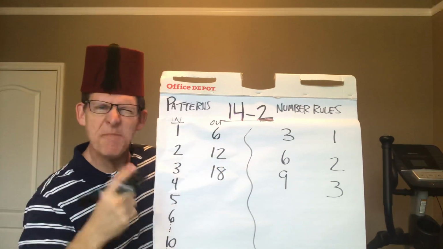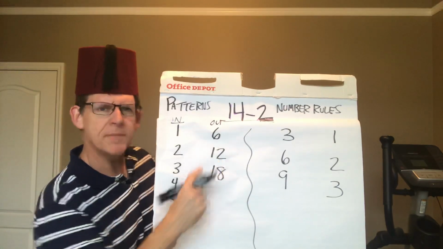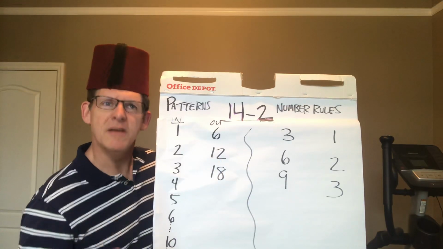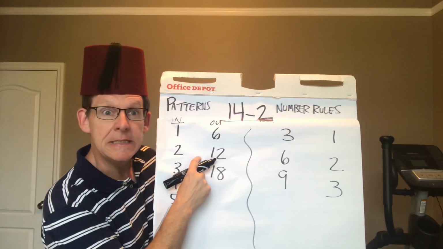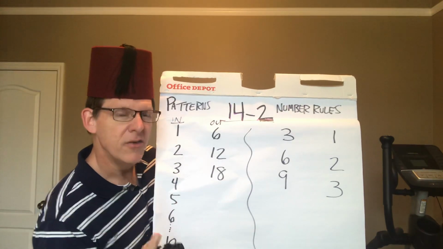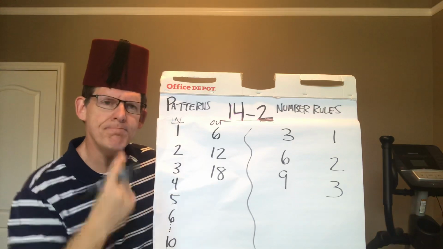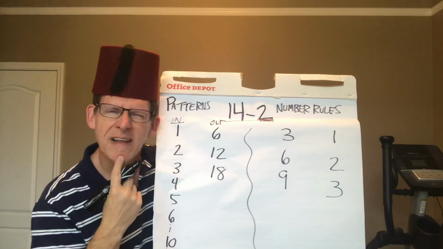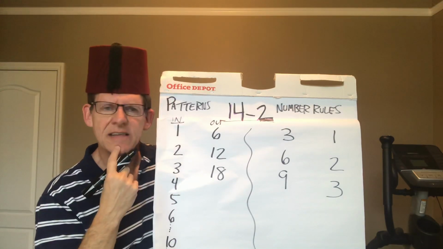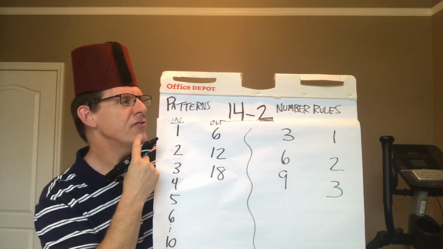But see, if I say plus 5 for the first one, I have to do plus 5 for the second one. So 2 plus 5 does not equal 12. So it can't be addition. Can anybody out there think 1 times what gets me 6? Multiplication.